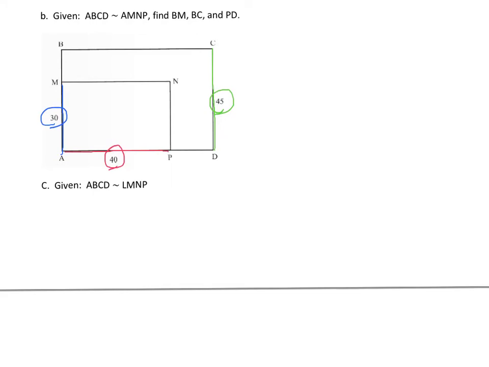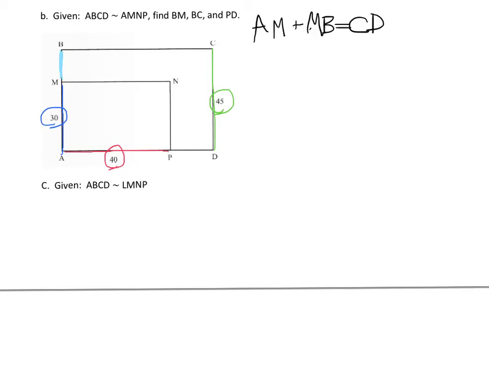So it wants me to find BM, which is this little piece right here. Well, for this, instead of using any proportions, I'm really just going to use parts to whole to my advantage. So I know that AM plus MB should equal the whole thing, which is the same as CD.